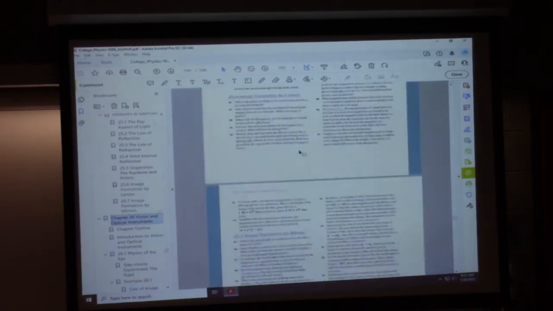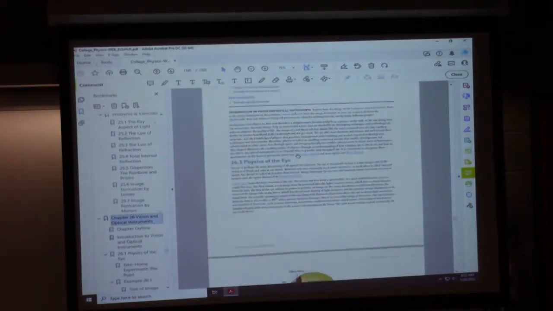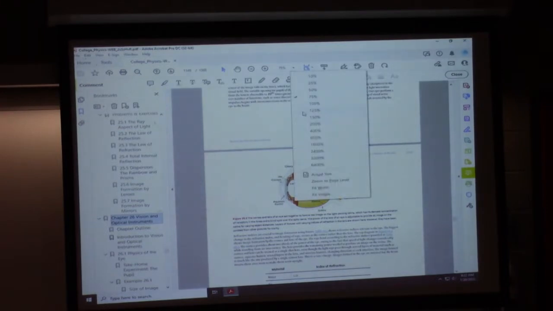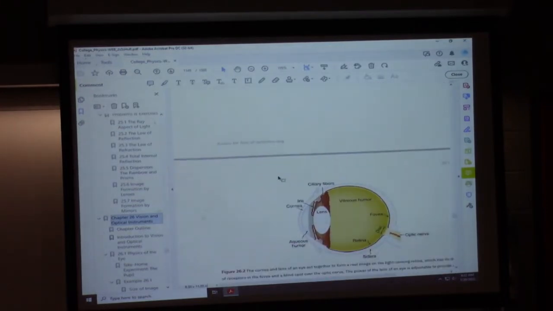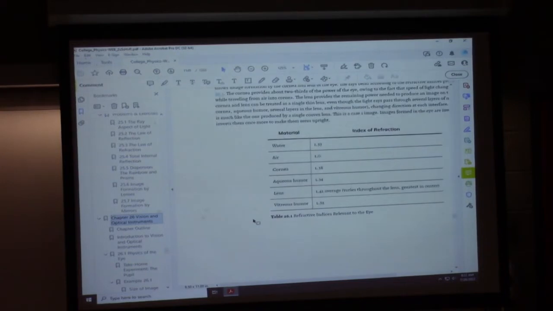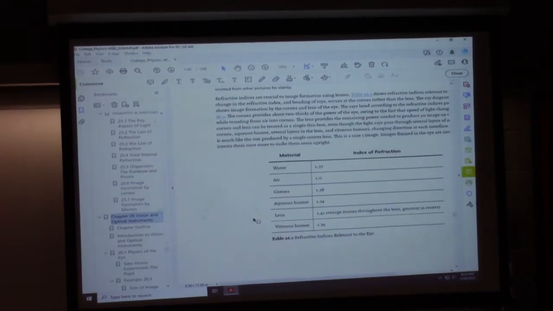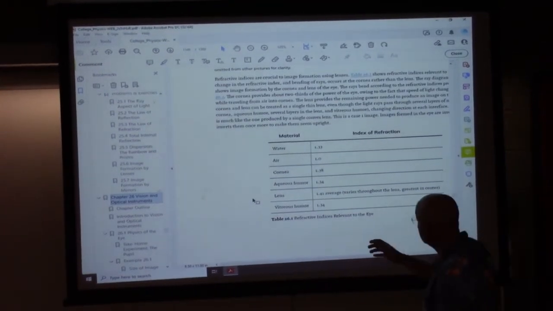You'll see that one I just had there, and there is a better picture, and even names the different parts of the muscles and the fibers and the aqueous humor and the retina and the optical nerve and all those good things.